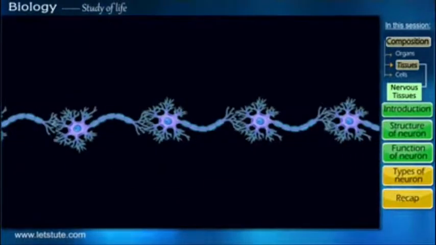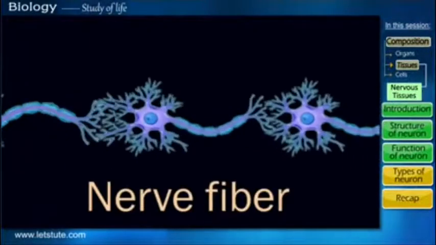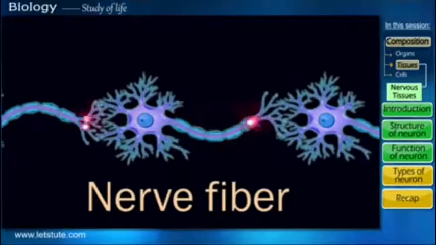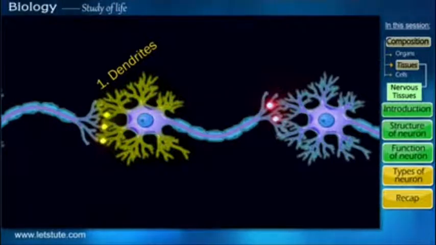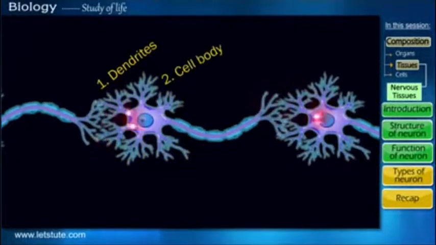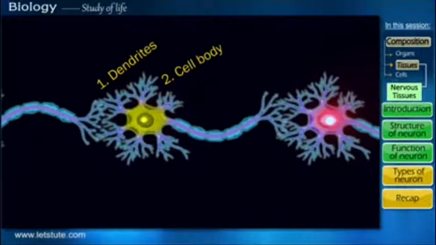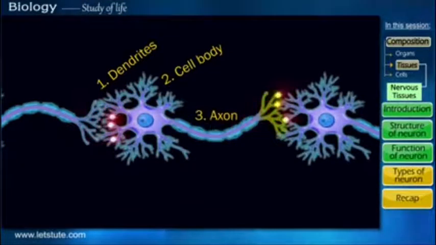See how they are connected end to end like a fiber. So it is called the nerve fiber. The impulses come to the dendrite, then the cell body, then the axon, and pass to the next neuron.